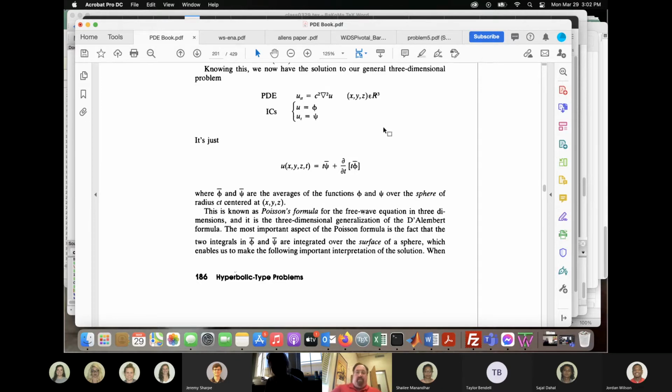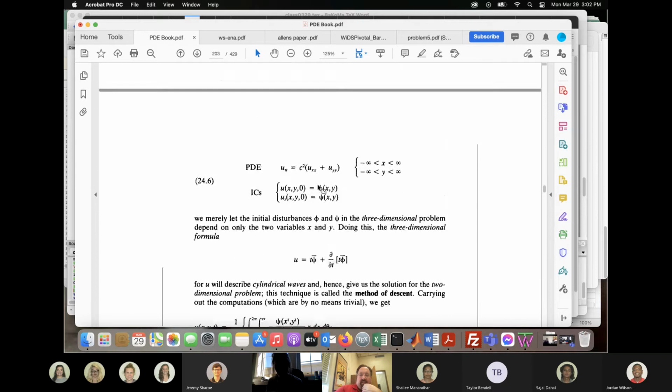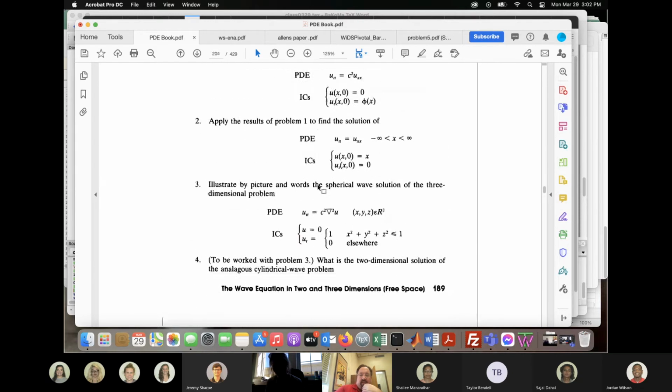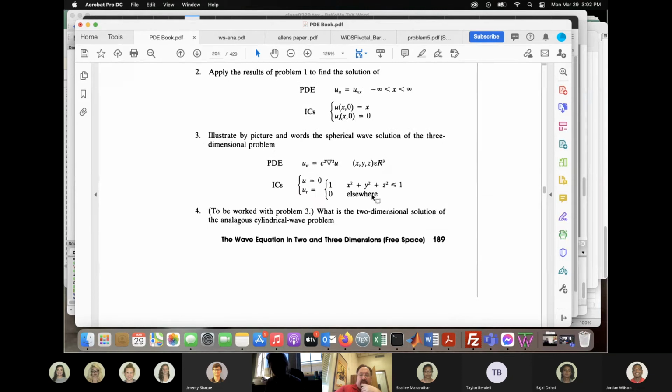So if you're examining a solution at a point that is far away from the origin, so well outside this sphere where the initial data is equal to 1, you're taking the average value of this initial data over a sphere centered at x, y, z and radius small when t is small.